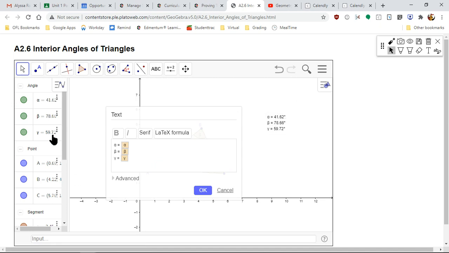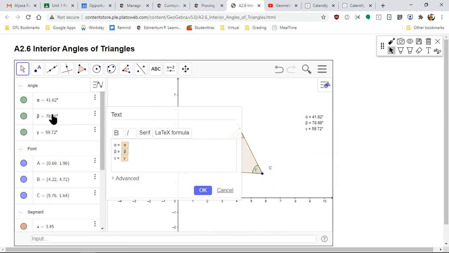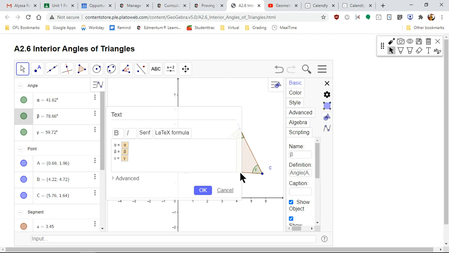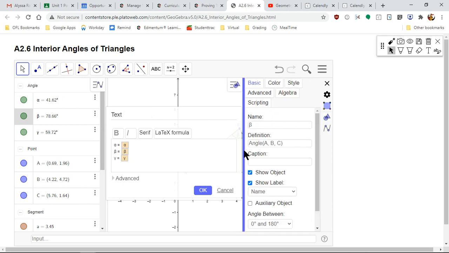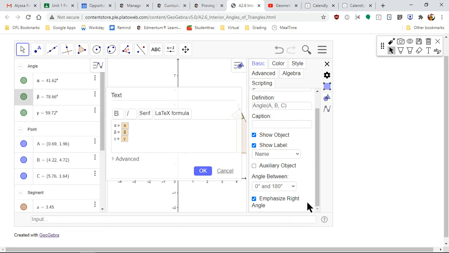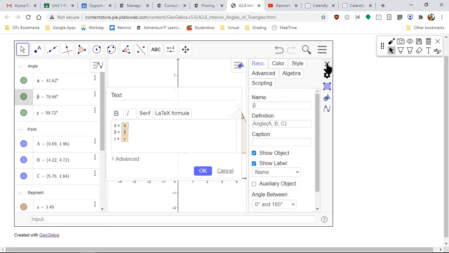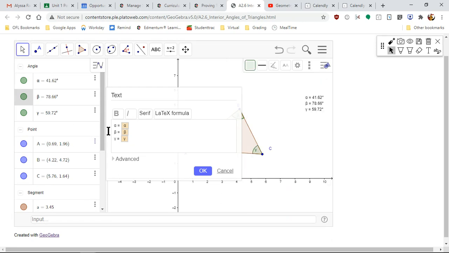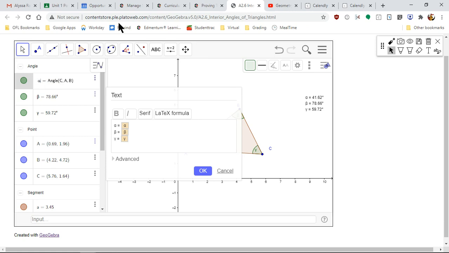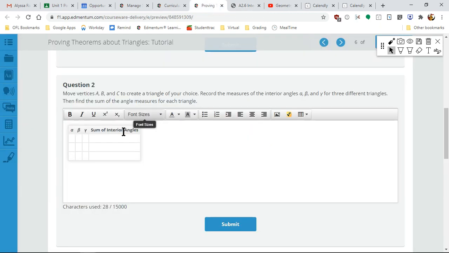No. But can I copy it from here? No, doesn't look like I can. I was hoping I could, but I can't. Okay, well, I tried. So let's plug them all in.